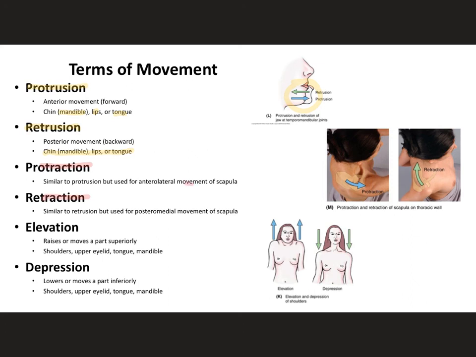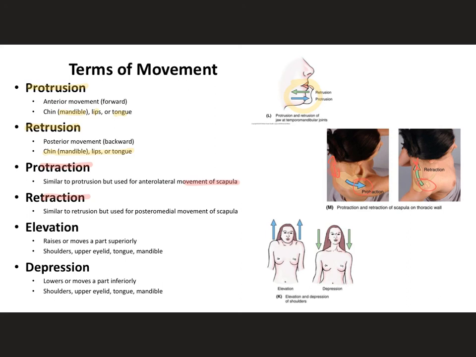We typically use this for the scapula. We protract when we pull the scapula apart from each other, and we retract it when we pull them back together. So we push the shoulder forward in protraction, we bring the shoulder back in retraction.